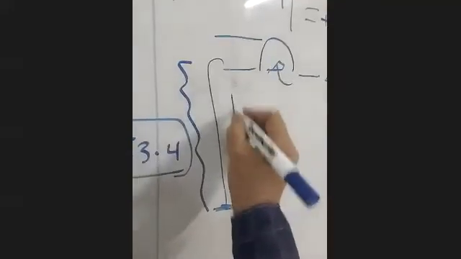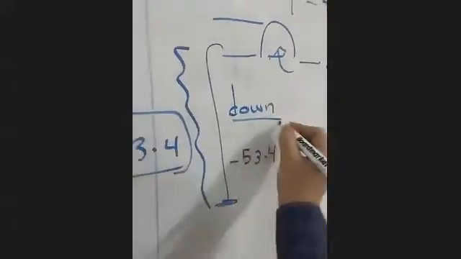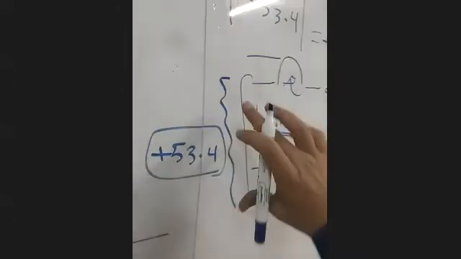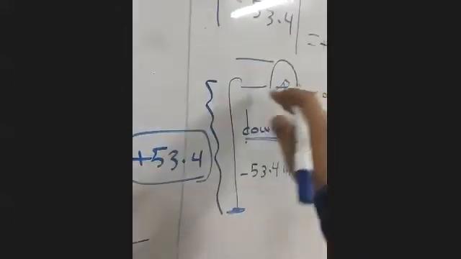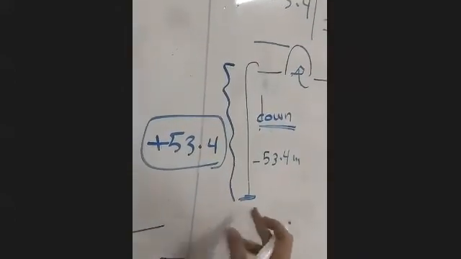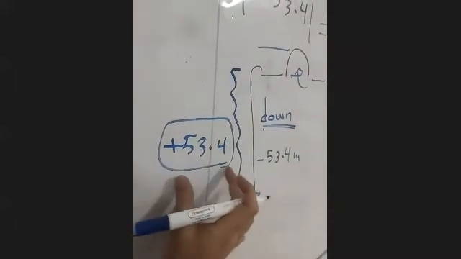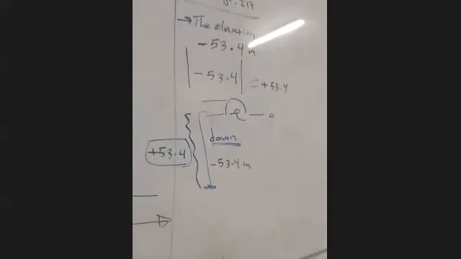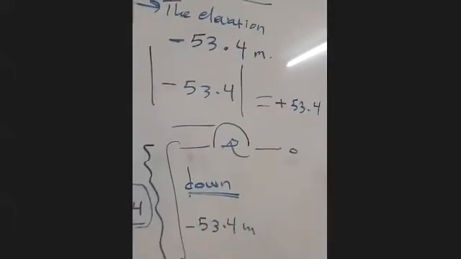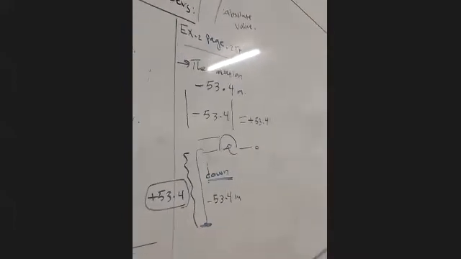Because we are going down. But the distance between the entrance of the cave and the lowest point is positive 53.4. Got it? So the absolute value of negative 53.4 is positive 53.4.